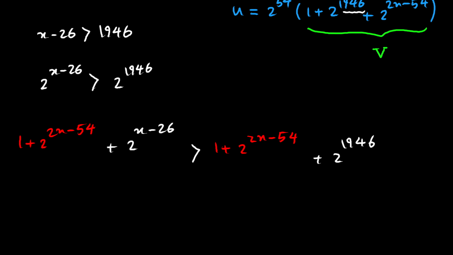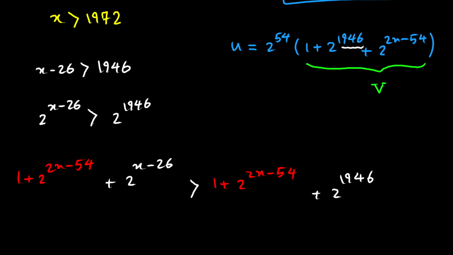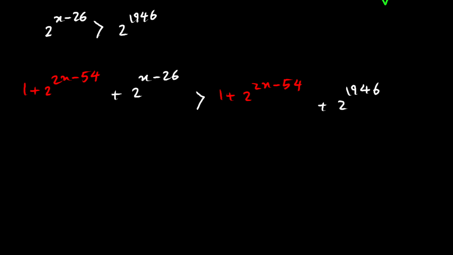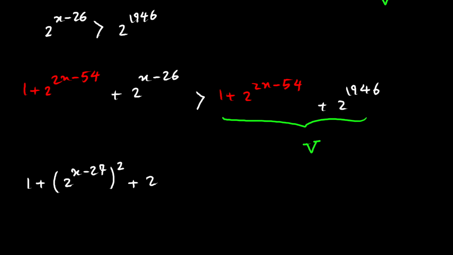Now, if we compare the right-hand side to u, we can say that this is equal to v, right? And the left-hand side can be written as (1 plus 2 to the power of x minus 27) squared, plus 2 times 2 to the power of x minus 27. And the right-hand side is v.